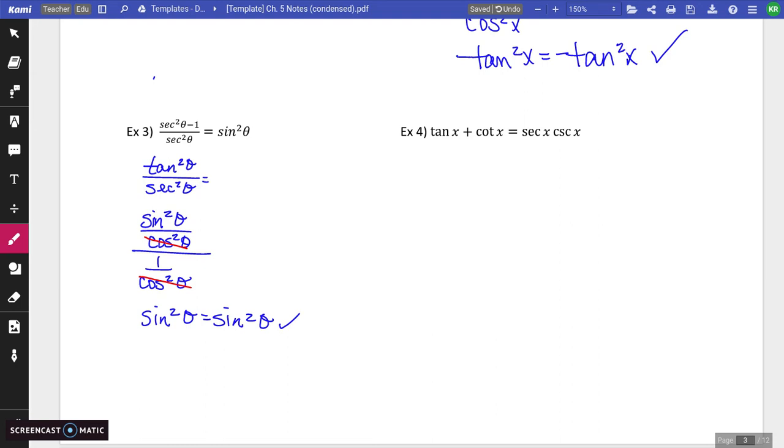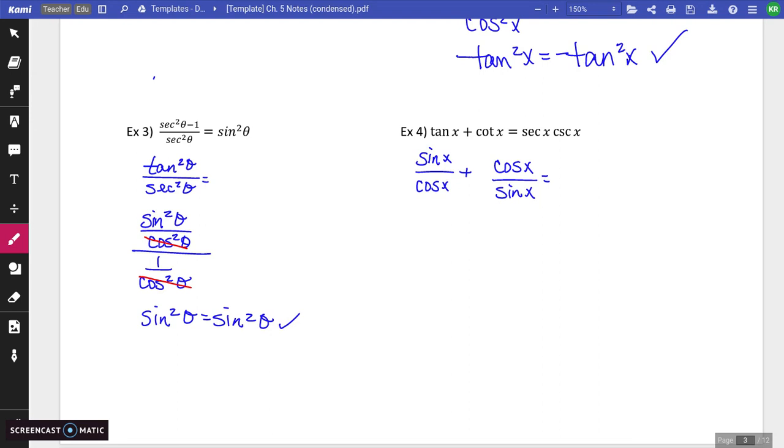Okay, number 4, tangent x plus cotangent x. And we're heading towards secant x times cosecant x. That might look a little strange, but if I rewrite tangent as sine x over cosine x, and then cotangent is cosine x over sine x.